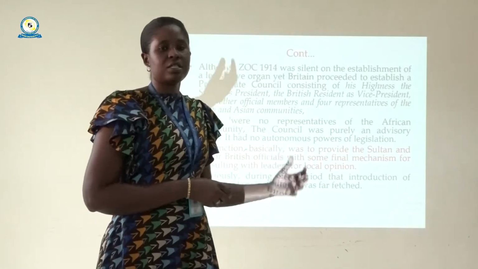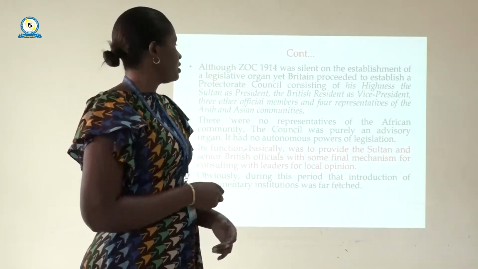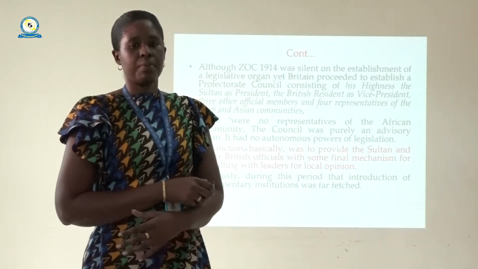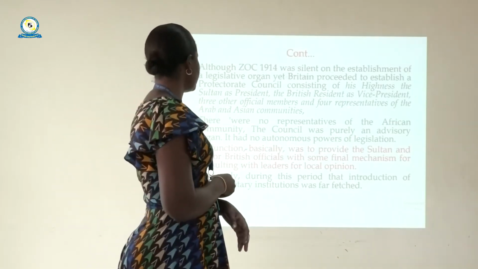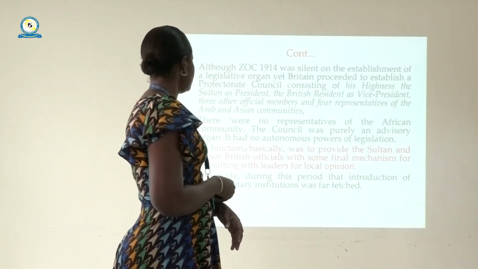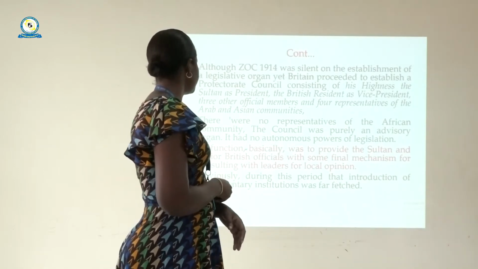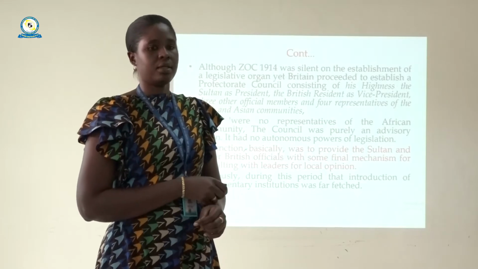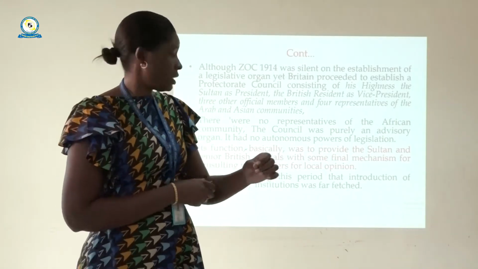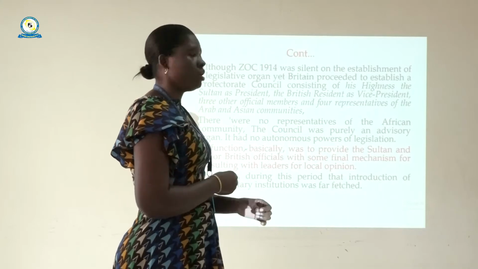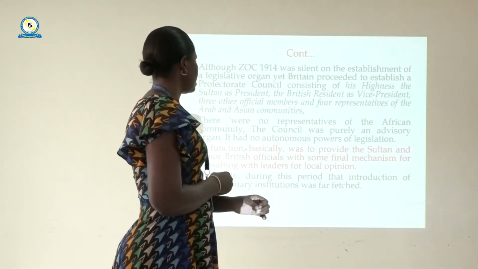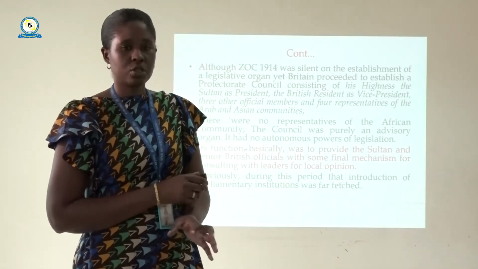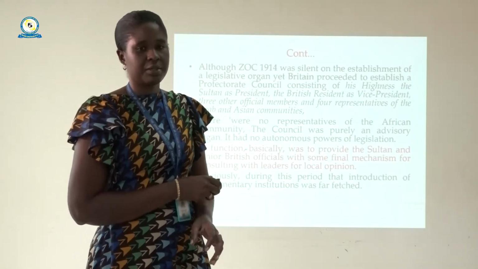From this point, you can see there were no representatives of the African community. So the council was purely an advisory organ. The main function of this particular council was only to give advice to the Sultan and senior British officials. So they could not make any decision.